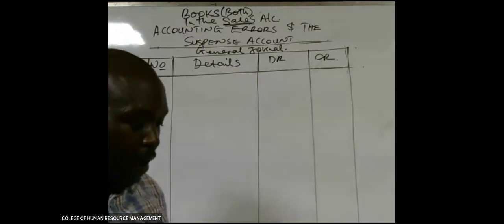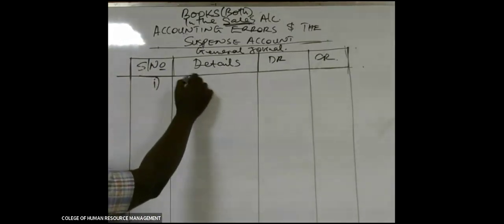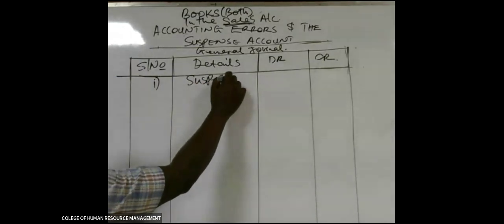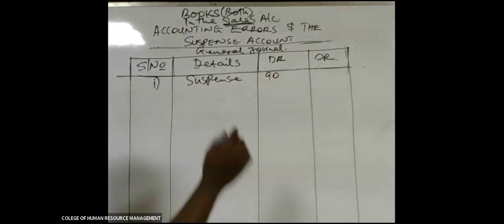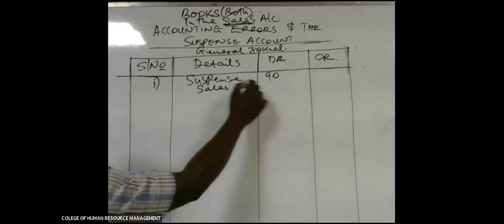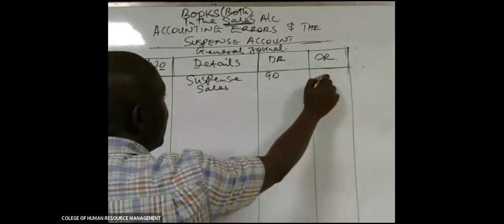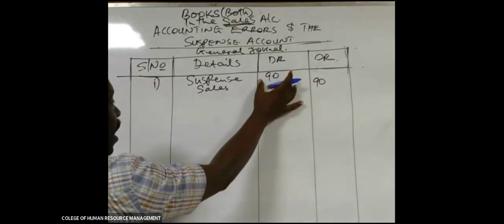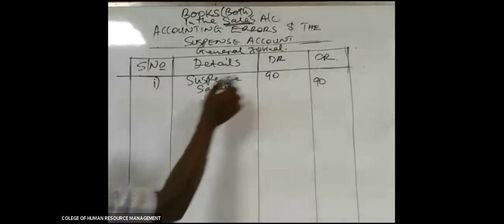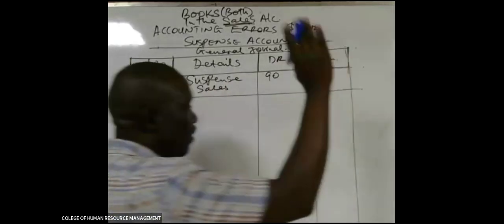Now that we don't have, that is when we bring in suspense. We shall debit suspense by 90, but that is not our focus. Our focus is in the sales. The sales has 90 less. We correct by crediting sales. Now that we don't have the other account to debit, that is when we involve suspense of 90.